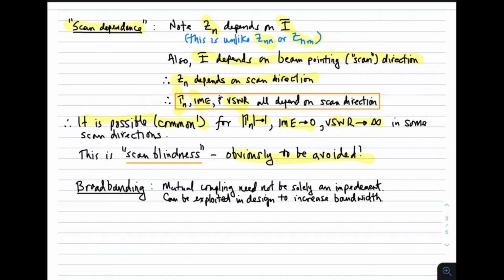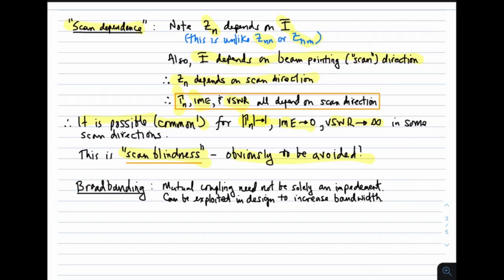In fact, you don't really want to be anywhere near this. You want as much power as possible to be transferred from the transmitters to the wave which is created by the array. When you run into this case where you see that the reflection coefficient is getting close to 1, and as a result you are unable to actually pump any power out of this array, that condition is known as scan blindness.